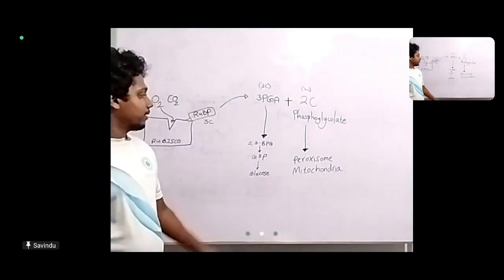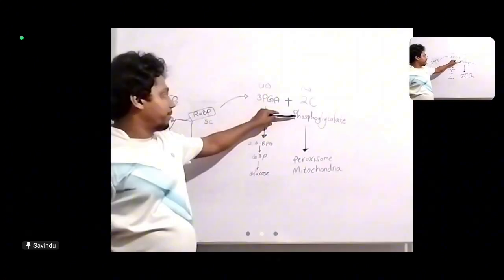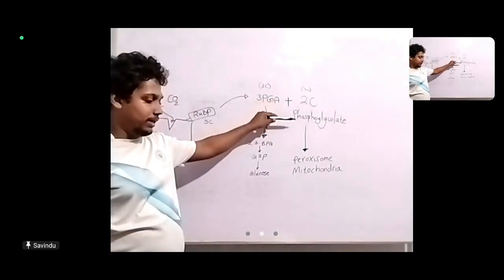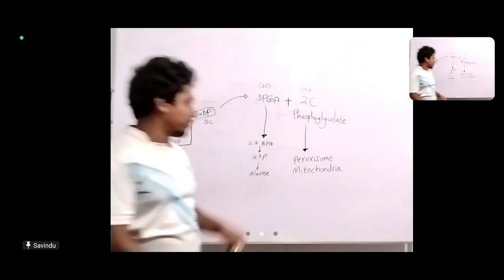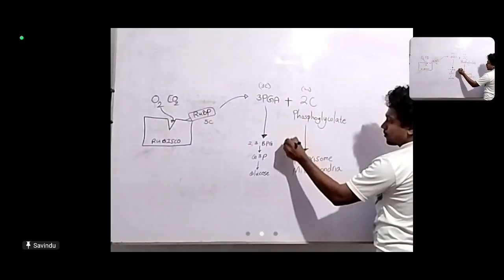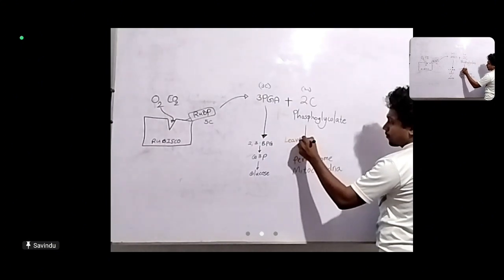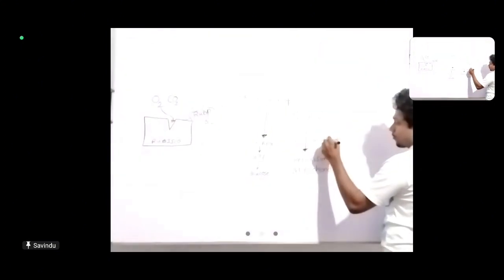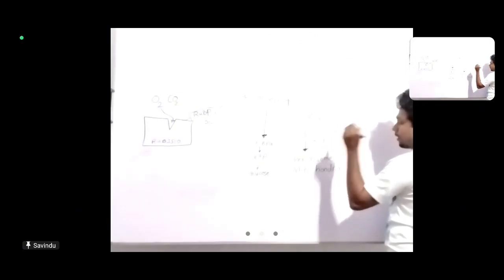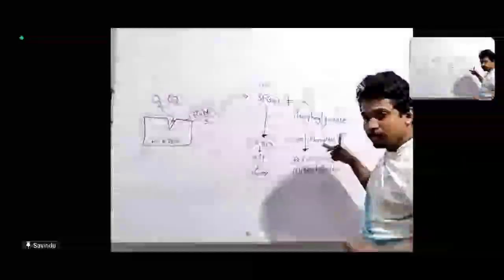There was no name for this, but learn that phosphoglycolate leaves the chloroplast and goes into the peroxisome and mitochondria.